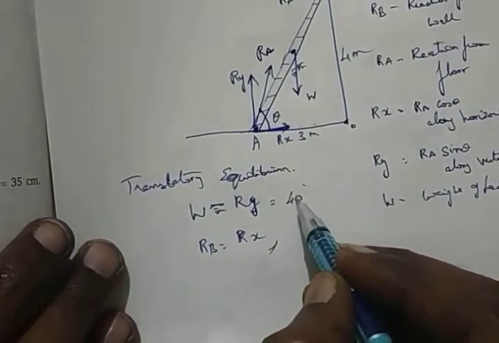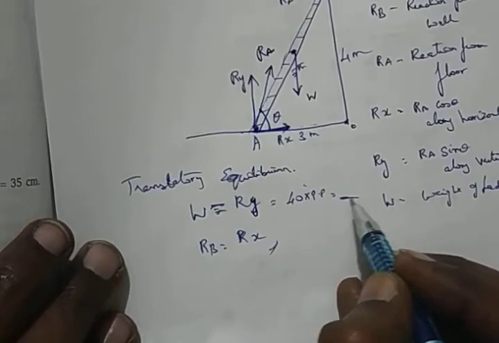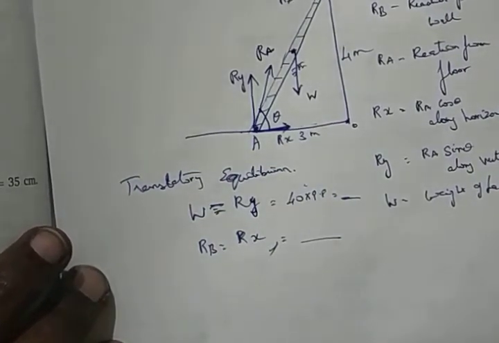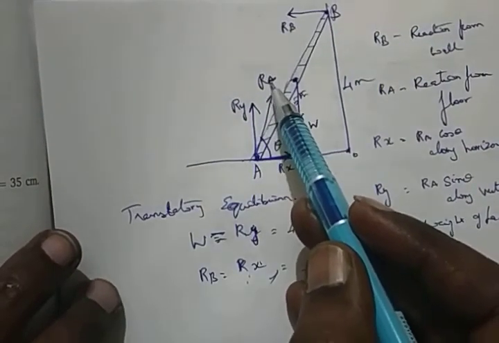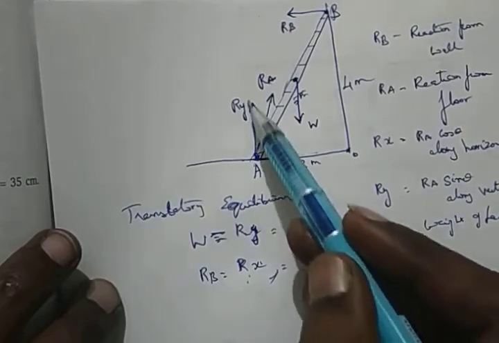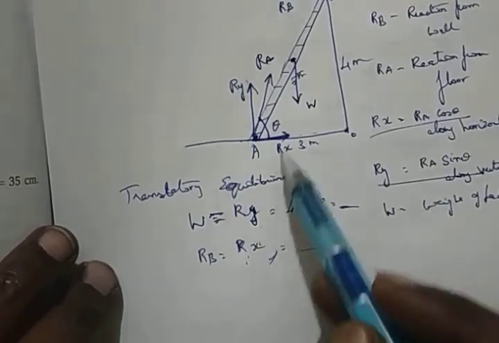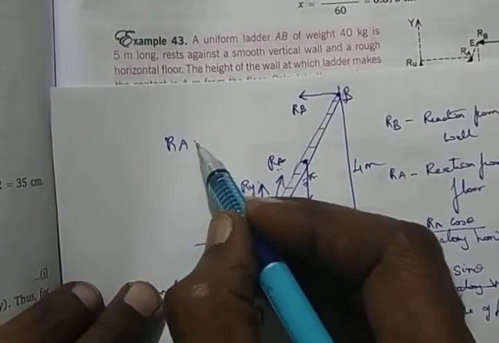So it is going to be equal to 40 into 9.8. We'll get this answer. Rx we don't know. We need to find out. Because once we find Ry and Rx, then Ra is easy because it is just these two things. Because of these things, you will be able to get the value of Ra. So Ra is going to be question mark.